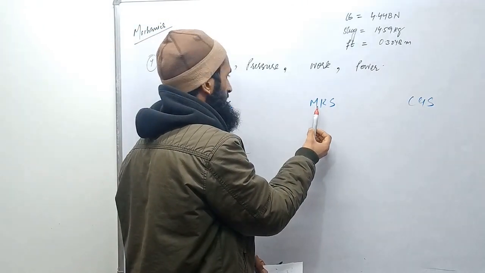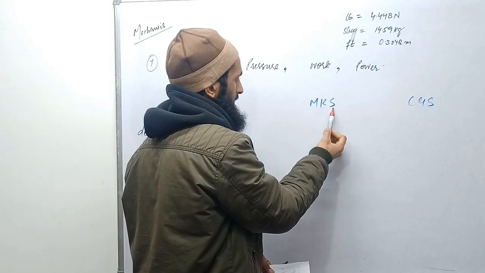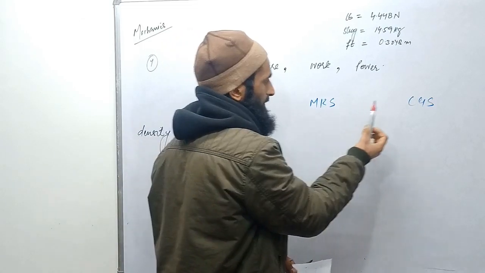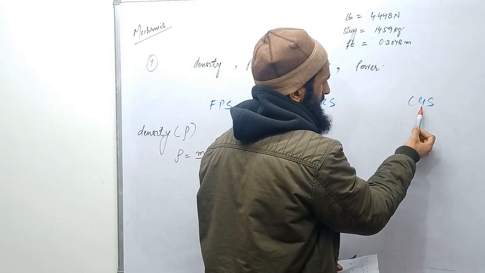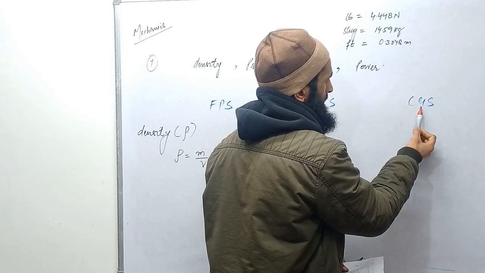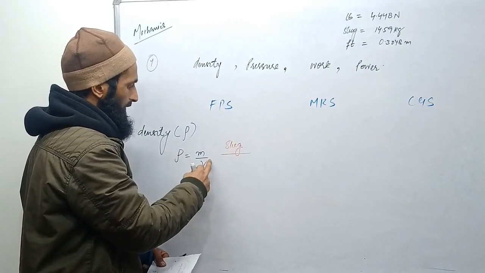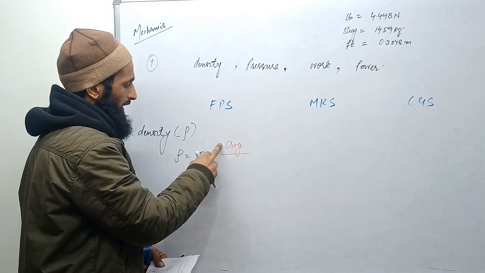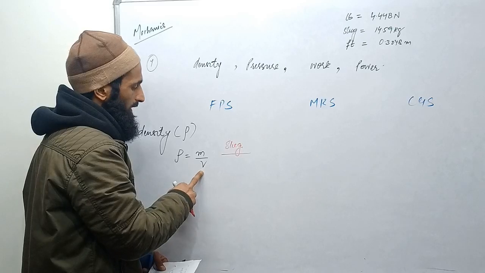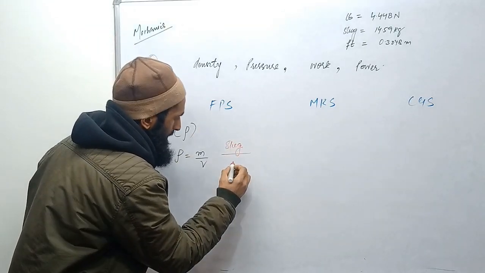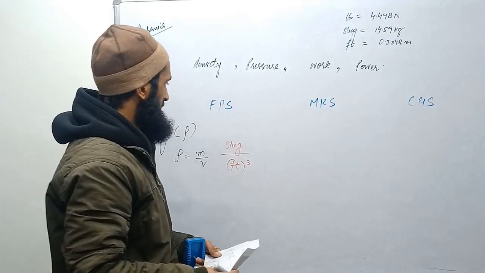In the same way, M is meter, unit of length, K is kilogram, unit of mass, and S is second. C is centimeter, G is gram, and S is second. So mass per unit volume is slug per foot cube.